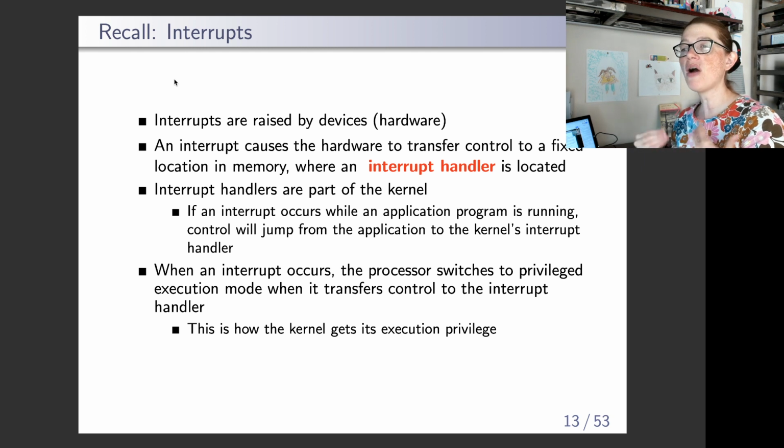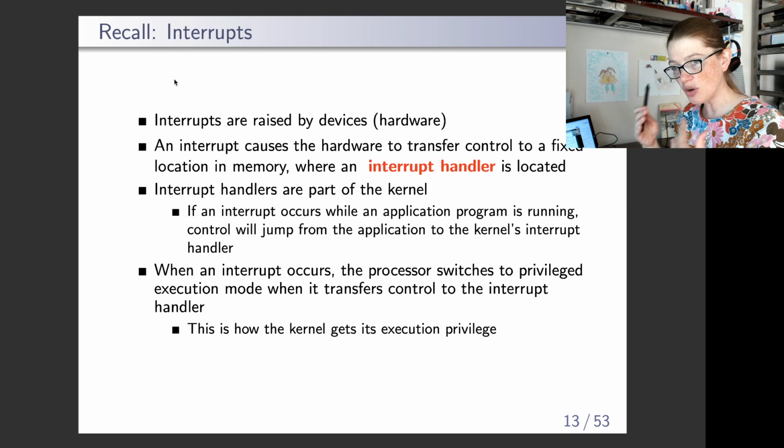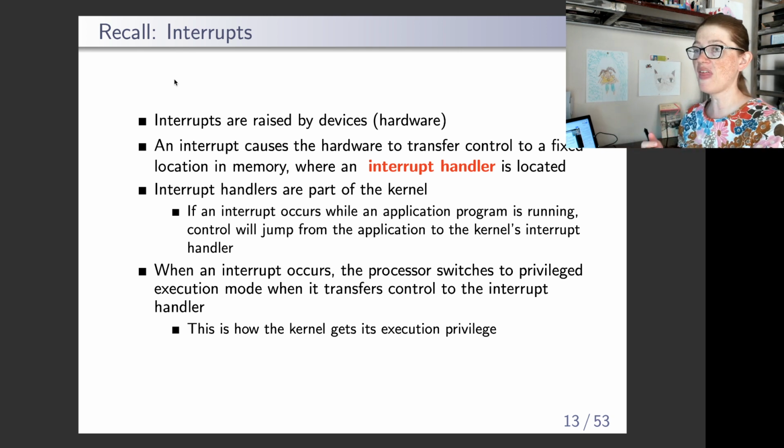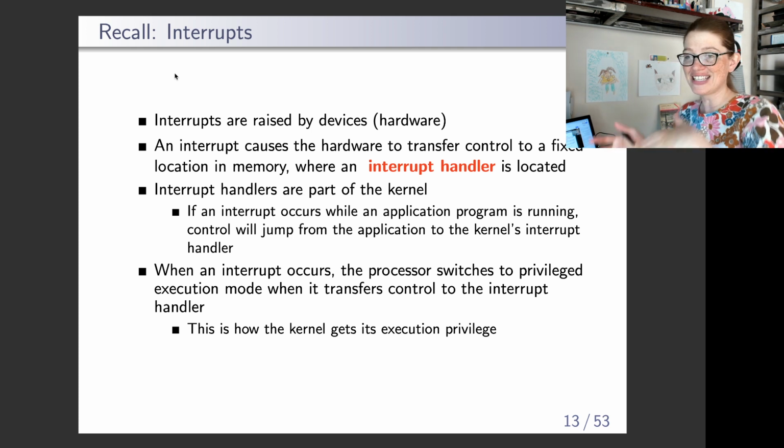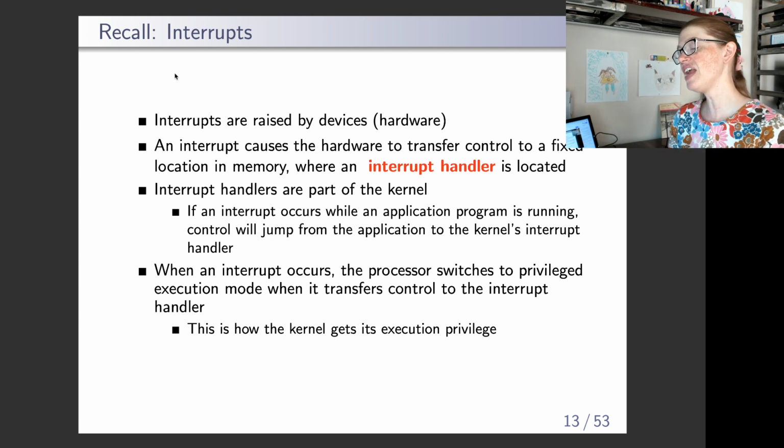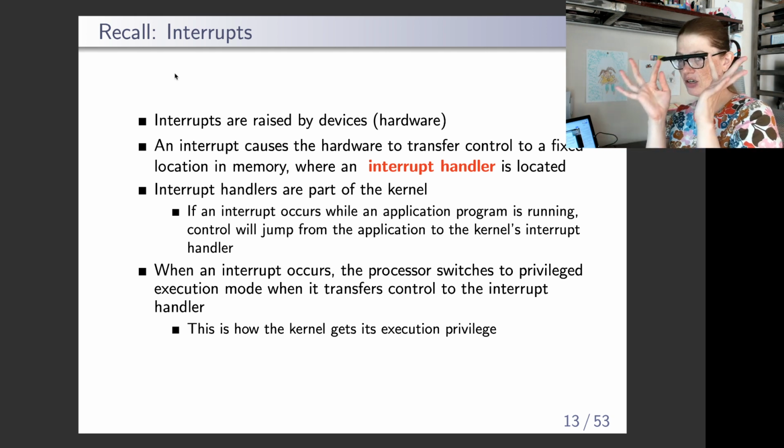The CPU, upon receiving that interrupt signal, would stop executing your program. We should remember this from our thread section. We stop executing that program. We start executing the interrupt handler whose address is stored in the trap table. Then we're going to save the trap frame, which is the state of the running thread at the time of the interrupt, and then we can actually execute the specific interrupt handler for the pen or whatever thing has happened.